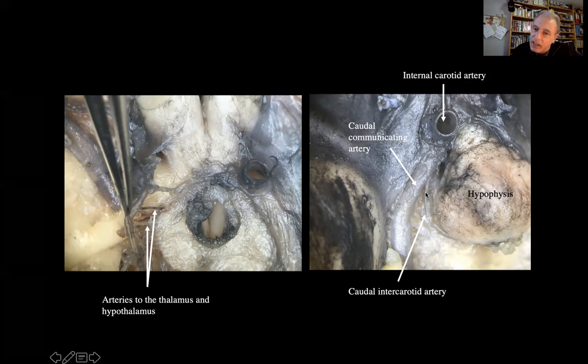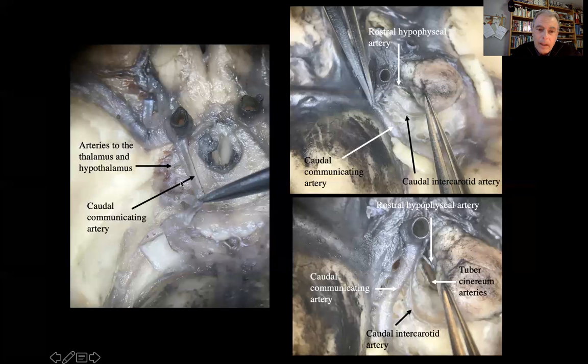As you see, it runs very close to the border of the hypophysis and is responsible for vascularization of the hypophysis. Again in this image, as we pull the caudal communicating artery, we identify all these small vessels entering the thalamus and hypothalamus.